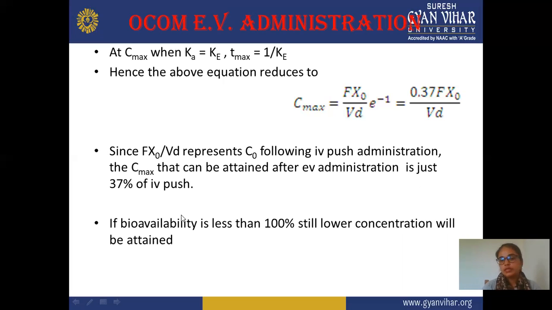And bioavailability is less than 100%, so a lower concentration will be obtained, because in IV administration 100% bioavailability is observed, and the effect is also more observed in the IV route compared to the extravascular route. In the extravascular route 100% bioavailability is not observed. It shows a small concentration compared to IV administration.